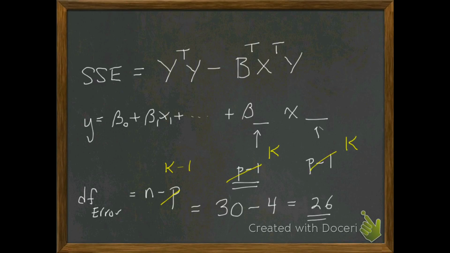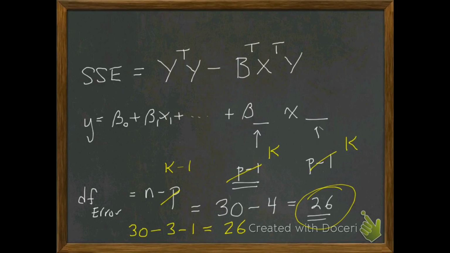In our situation, we would have 30 minus 3 minus 1, which gives us 30 minus 4, which again gives us 26. I really don't care how you remember it. I'm going to go back and forth, but the one thing we all can agree on is that we have degrees of freedom 26.